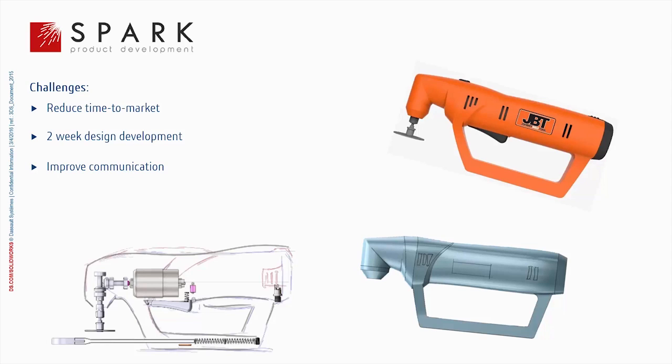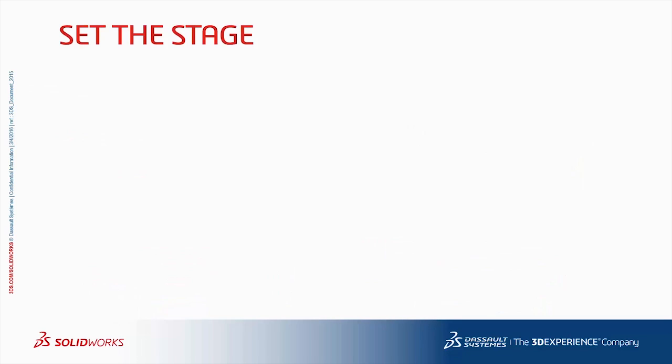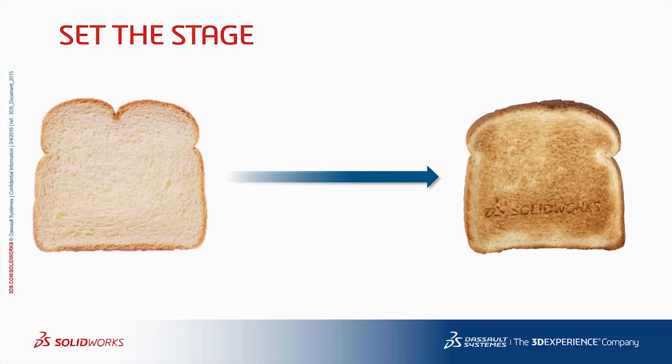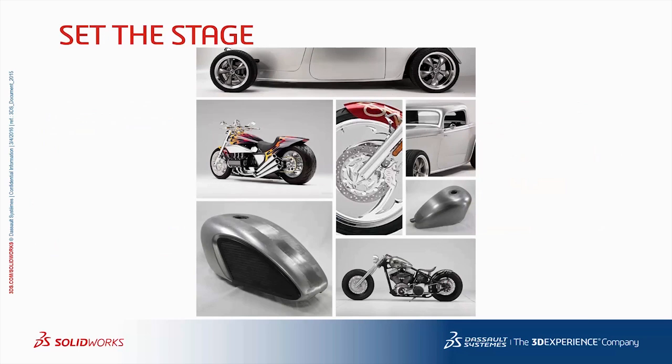Let me set the stage for their overall presentation. Our goal is to create a new product that takes a normal piece of white bread and to simply toast it. In order to do that, we're going to go ahead and build a toaster. Now, with that being said, we have some inspiration on what this toaster might look like.